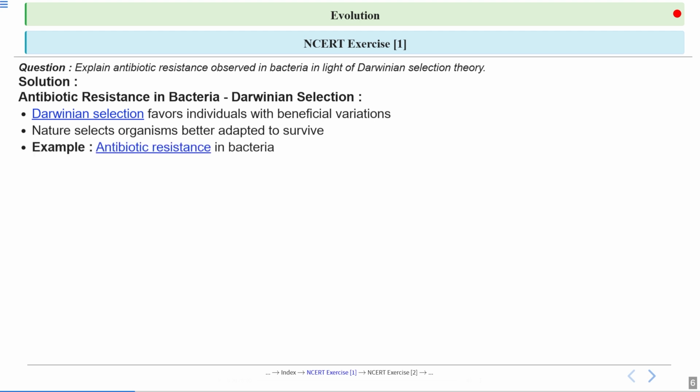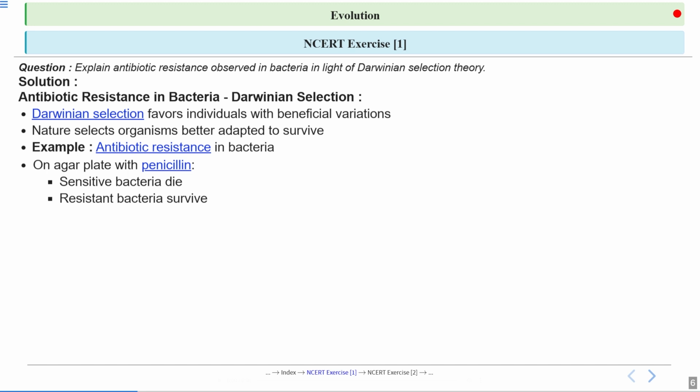An example is antibiotic resistance in bacteria. This is the prime example of this process. You can grow microorganisms on an agar plate and add an antibiotic to this agar plate, which is penicillin. Now, the sensitive bacteria will die and the resistant bacteria will survive.